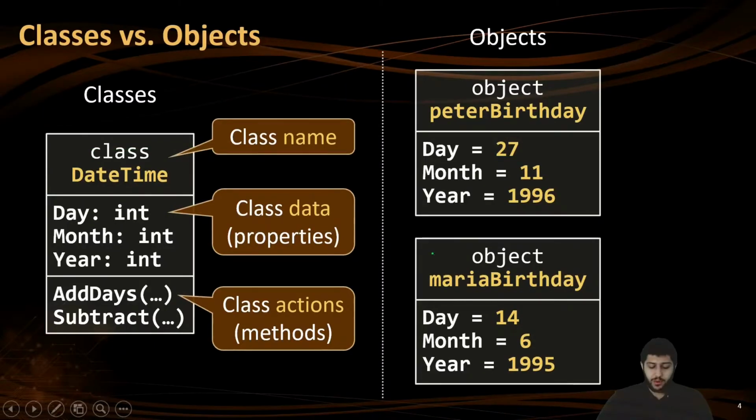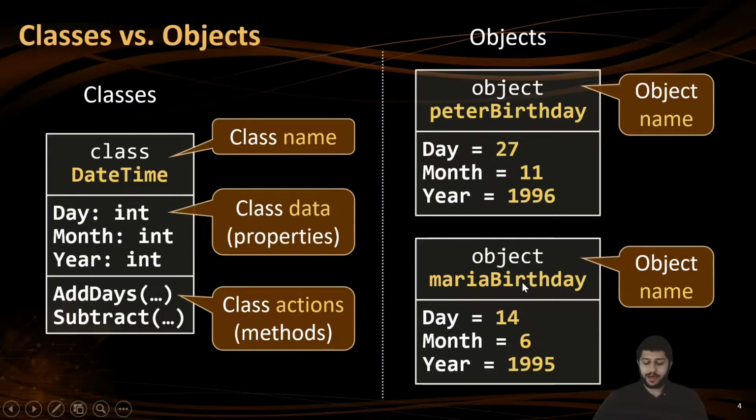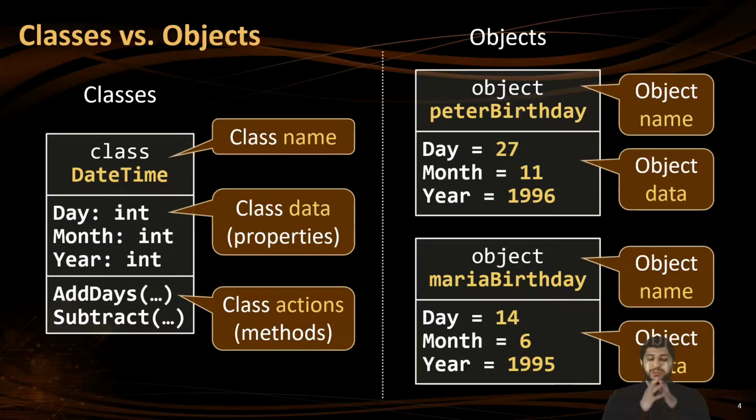Here we have the day, which is instead 14. We have a month, which is instead the 6th month. And we have a year that is 1995. Okay? Each of them has a name, and each of them follows the specification from the class. It has this defined set of variables that are mandatory, that should be supported by every single object of the class.